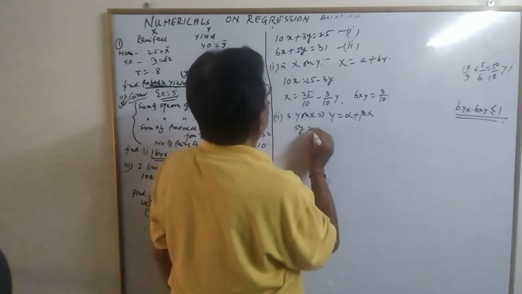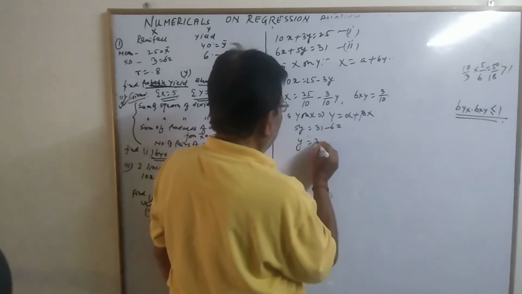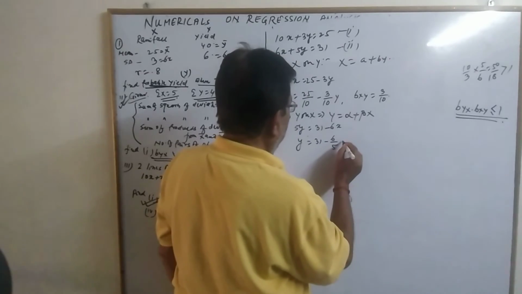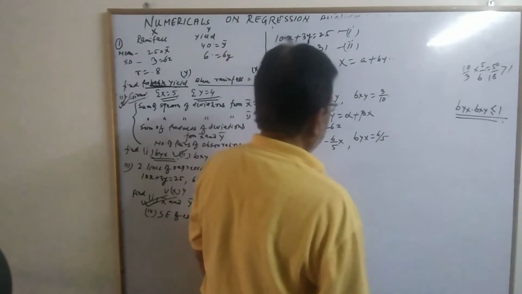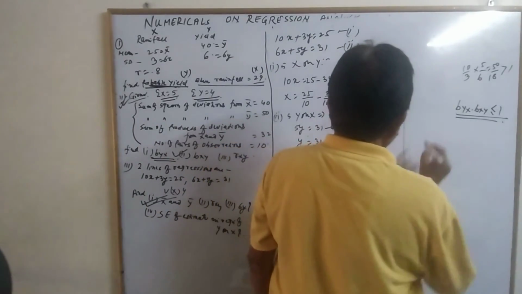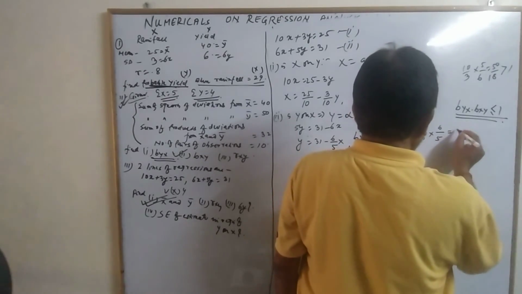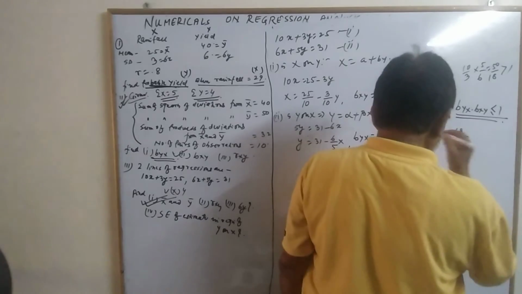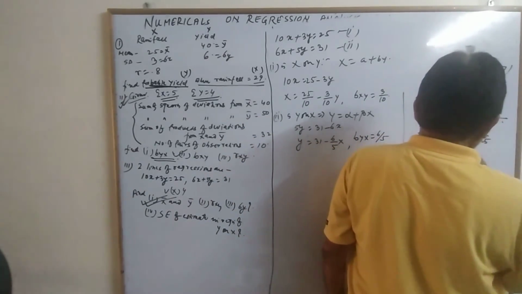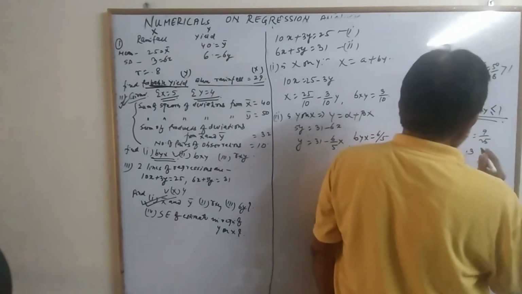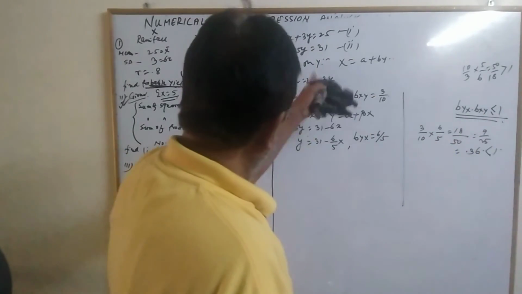So 5y is 31 minus 6x, hence y is 31 by 5 minus 6 by 5x. So byx has been found to be 6 by 5. So let us check it. 3 by 10 into 6 by 5, 18 by 50, and 9 by 25, 0.36, less than 1. So this has been the right way.